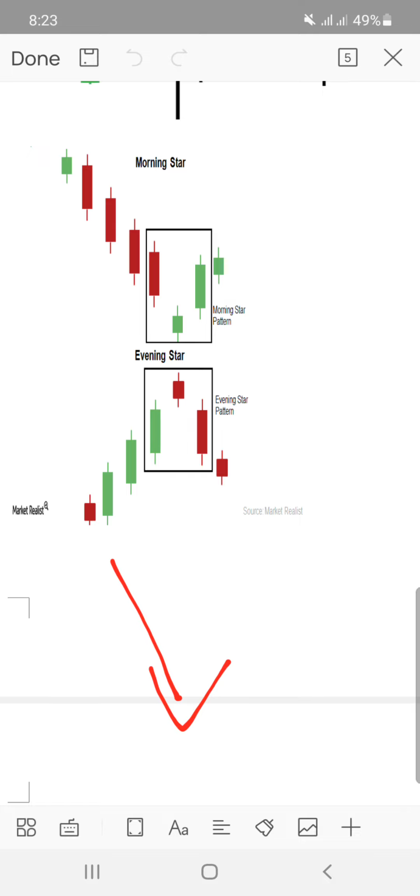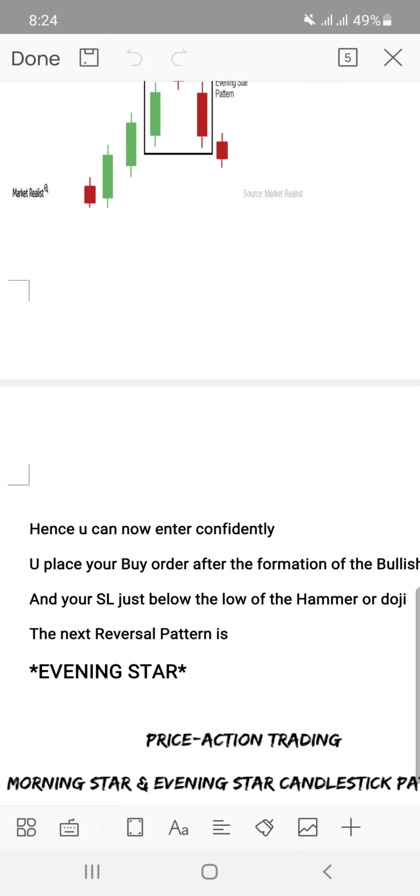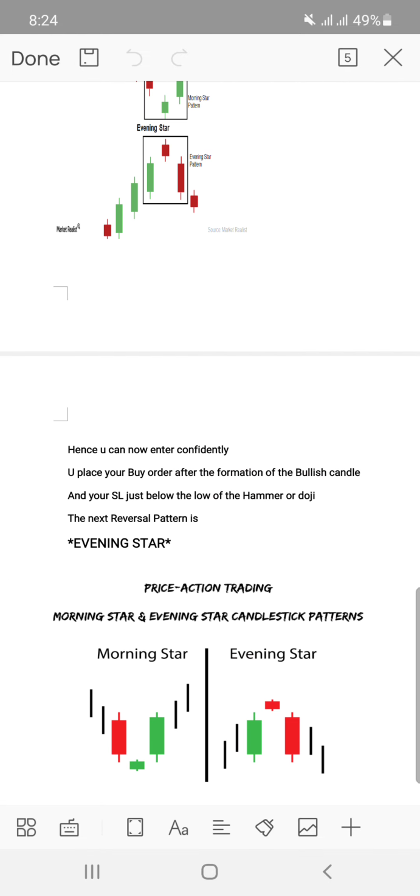You notice a big bearish candle, a doji, then a bullish candle, telling you that the market is going to change direction to the upside. So this is just a signal. It tells you what is going to happen next.